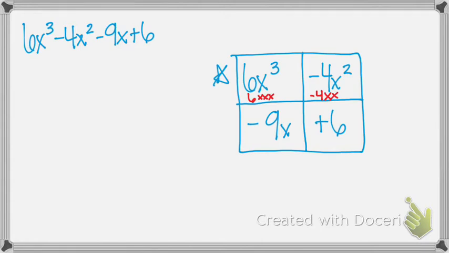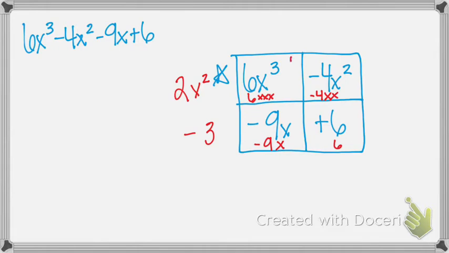Now, you have to think, what number goes into both 6 and 4? 2. How many x's do I have in common? I have 2. Okay? Now, looking at the bottom row, a negative 9x and a 6. Well, they only have a number in common. What number is that? Negative 3.